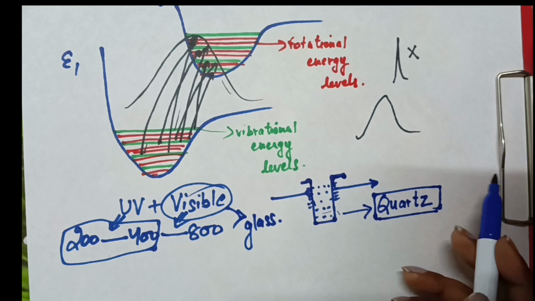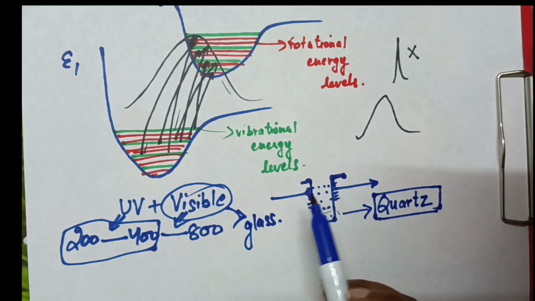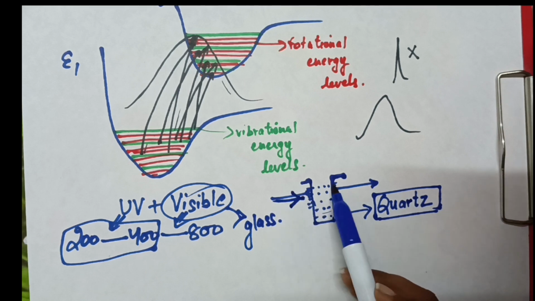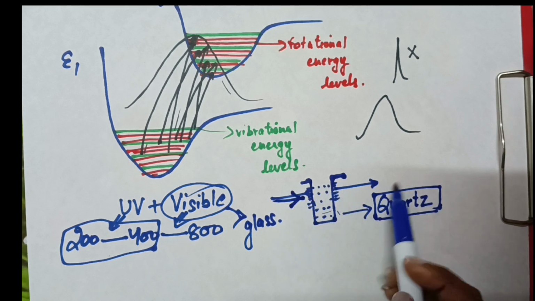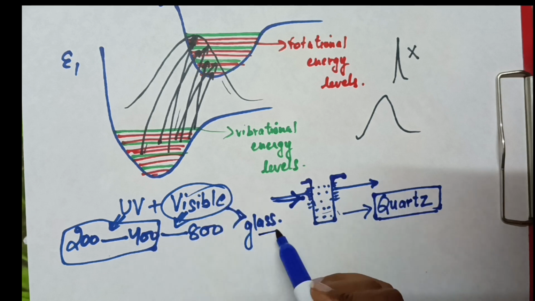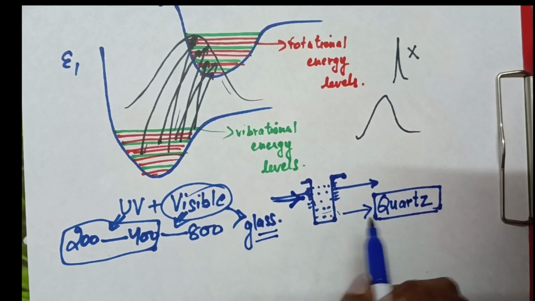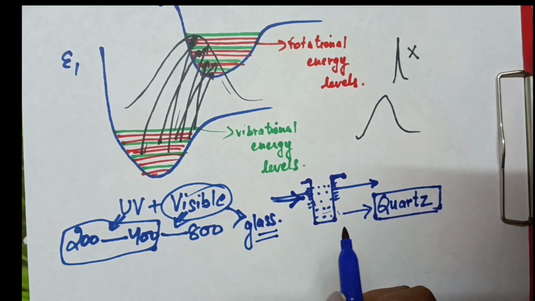In order to avoid that situation, we use quartz so that it does not absorb the radiation we provide for the solution. In the visible region we can use glass as well, there is no issue with that. But in the UV region we have to strictly use quartz, because it absorbs light but very little as compared to glass. So we use a quartz cuvette.